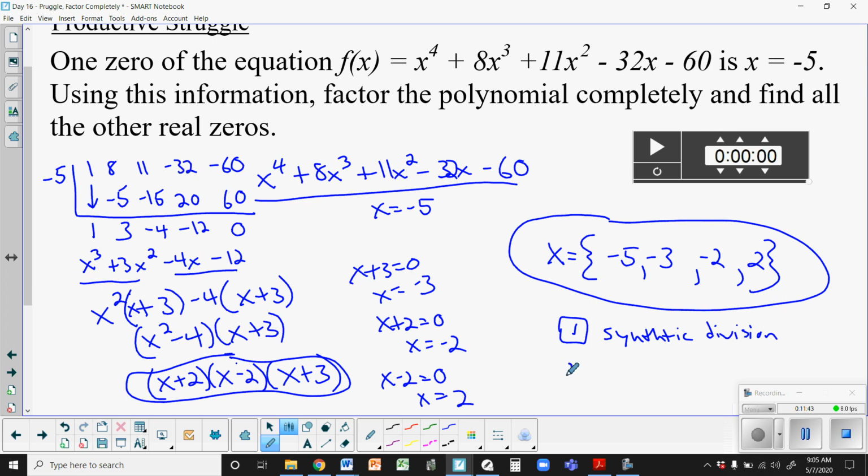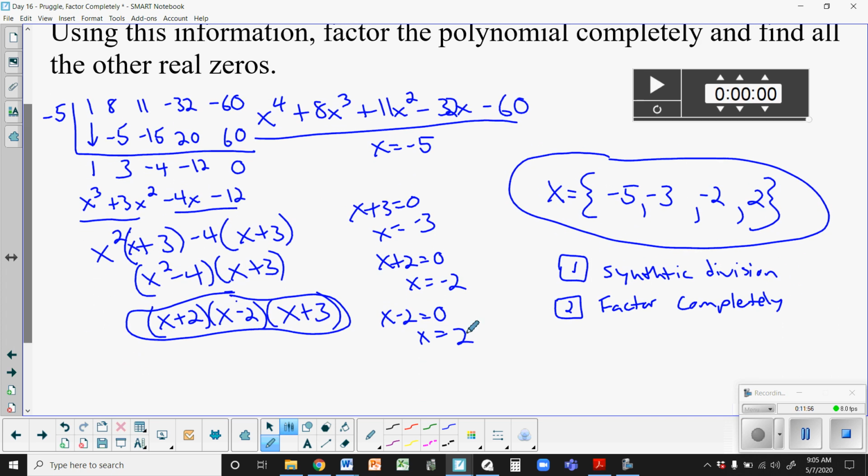Then our next step was to factor completely. And the last step that we did was to solve for all zeros.